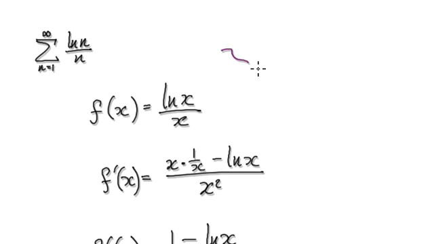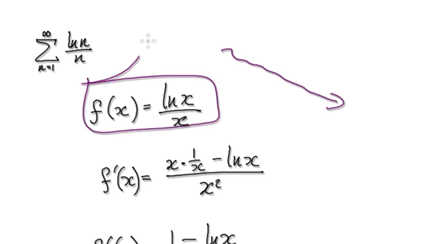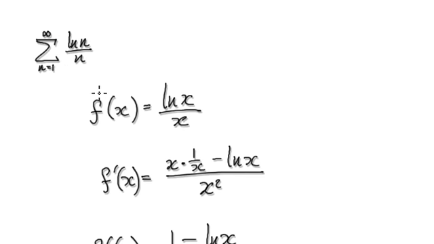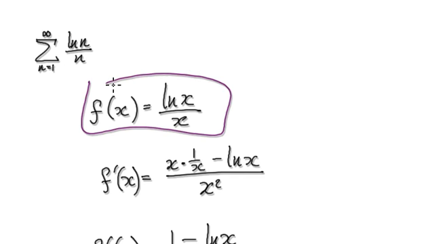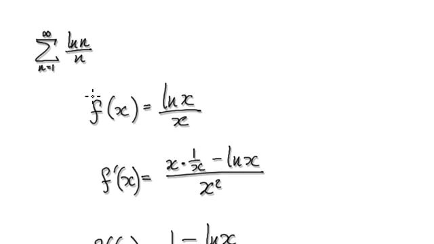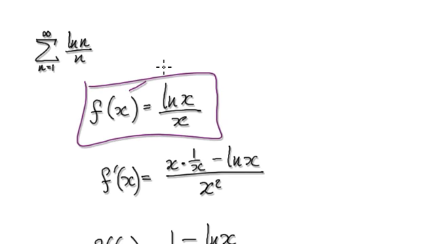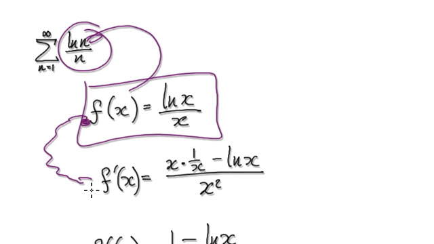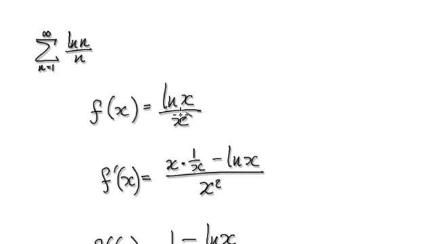So now we need to check that it's always decreasing. We would map a function on top of this series and then differentiate it so we can get an idea of the gradient. From here, differentiate it, use the quotient rule.